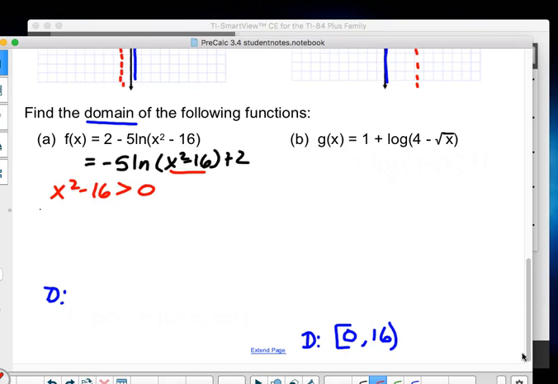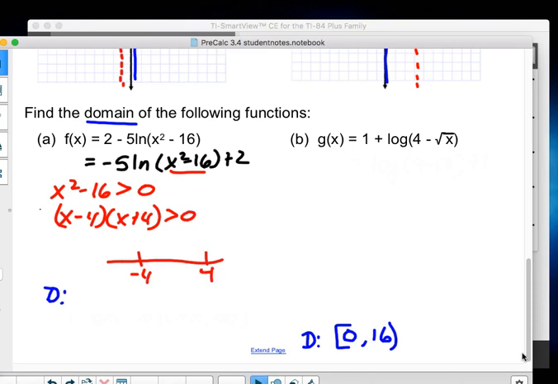Okay, so if I'm thinking, hey, sign chart. So I've got x minus 4, x plus 4. So I've got negative 4, 4, and I'm going across here, here, and there, and I'm talking about from negative infinity to negative 4.